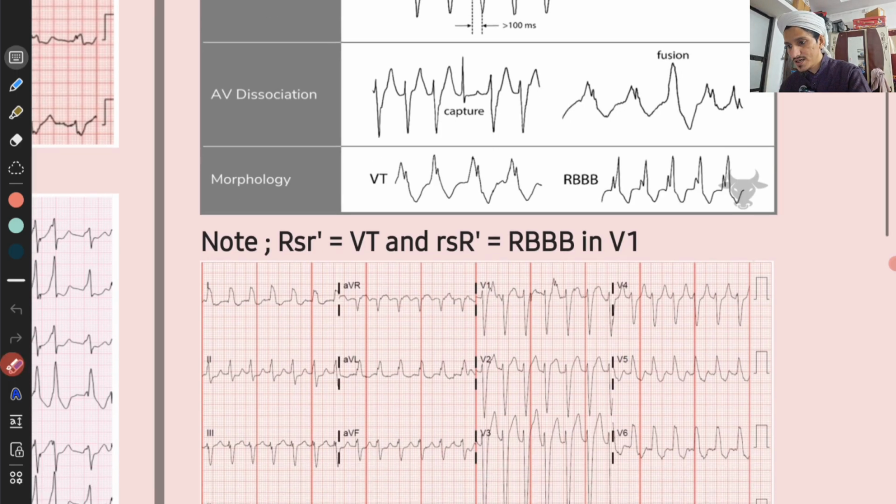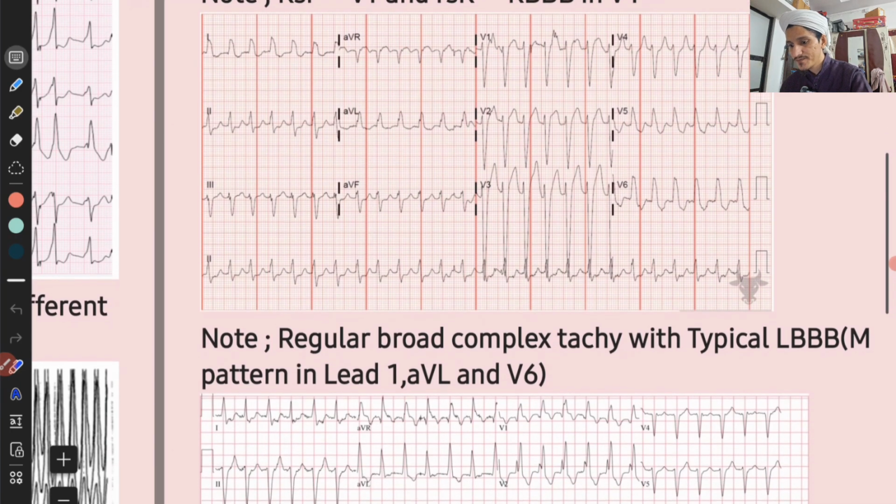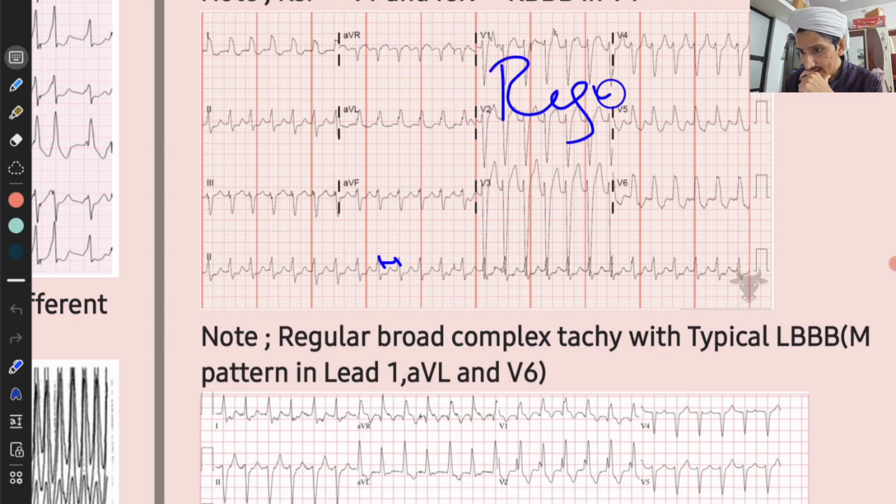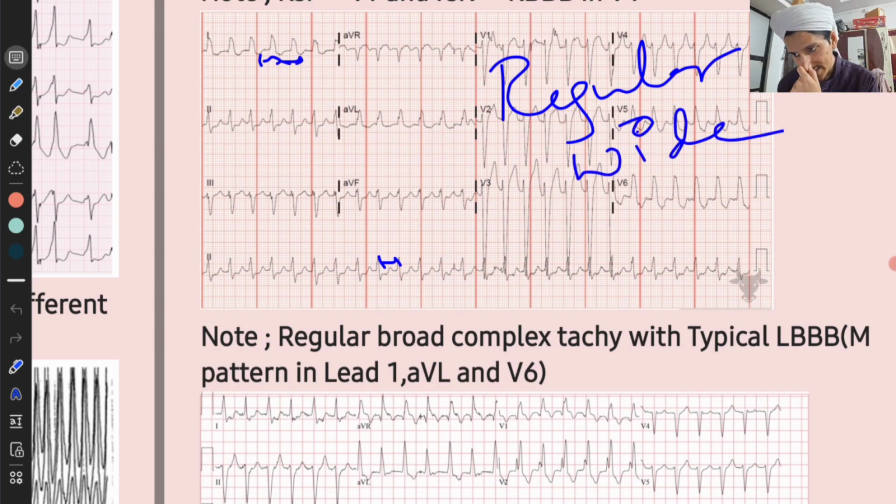Moving towards the ECGs of VTs now. If you see here, the QRS complexes are regular, and they are broad also, so they are wide. Now you should rule out whether a bundle branch block is there or not, typical or atypical bundle branch block.